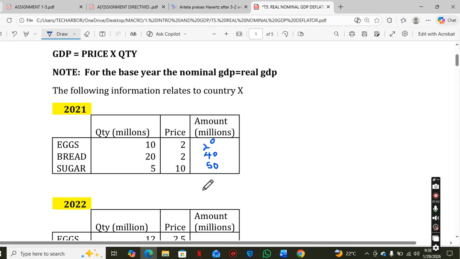Right, so the GDP for 2021, you just add 20 plus 40 plus 50, you get 110 million kwacha. Any questions? That's the nominal GDP.